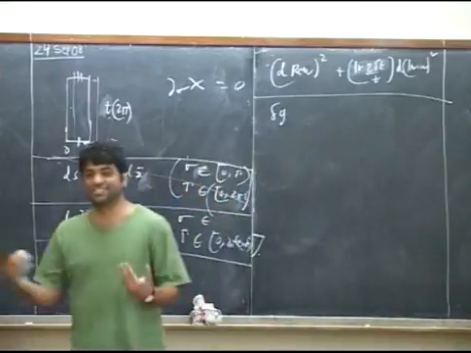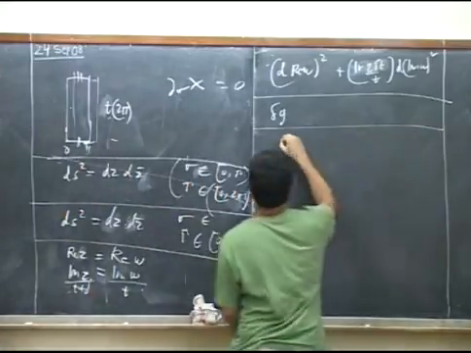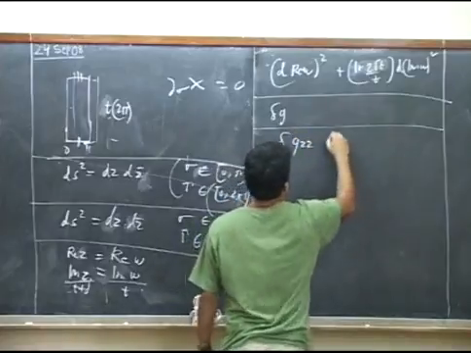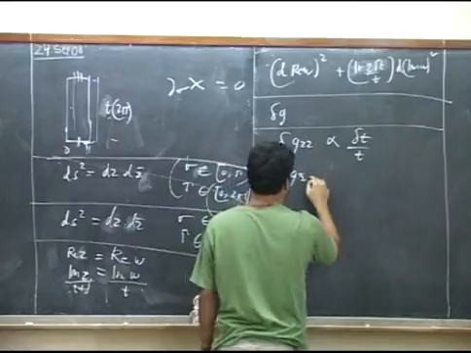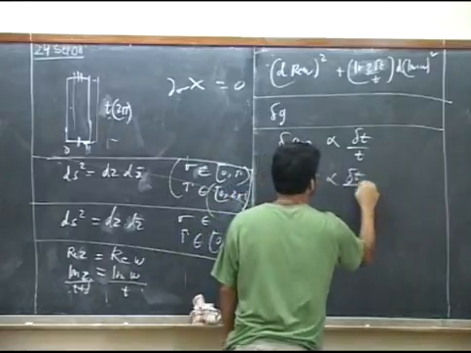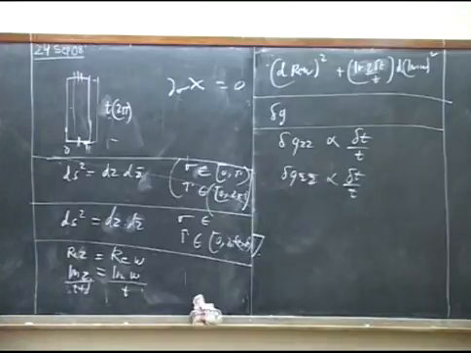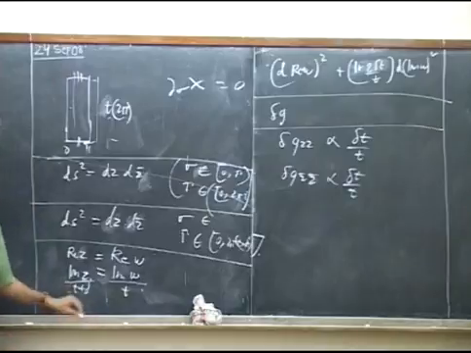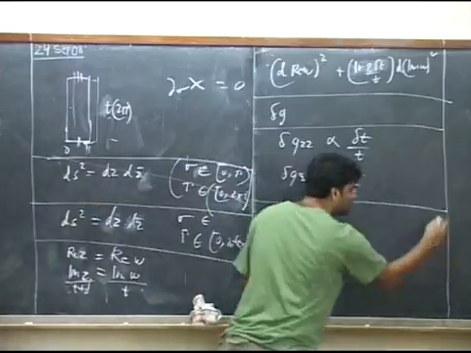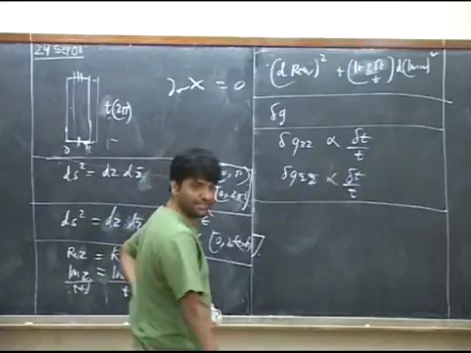So the change in both g_zz and g_z bar z bar are proportional to this.